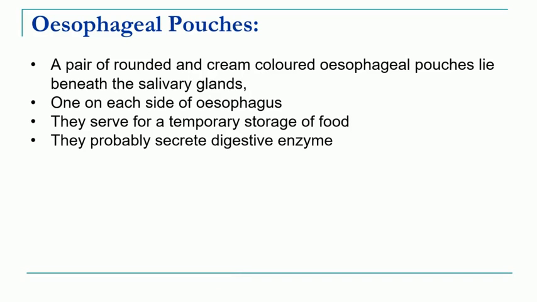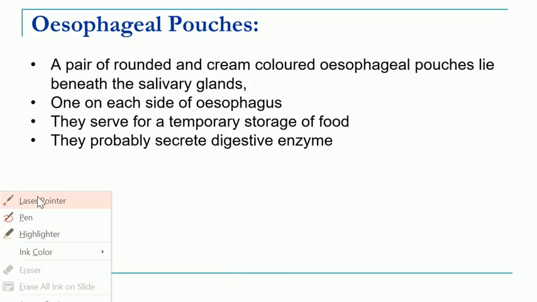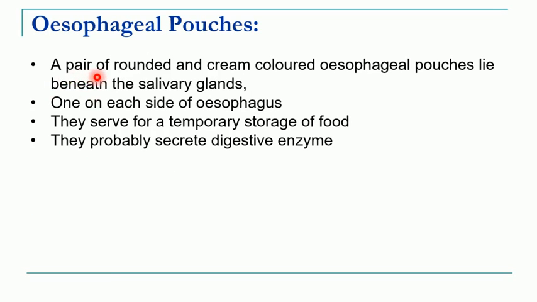Then we come to the second type of digestive glands, also known as esophageal pouches. These are also paired structures. They are rounded in shape, cream colored, and they lie beneath the salivary glands.